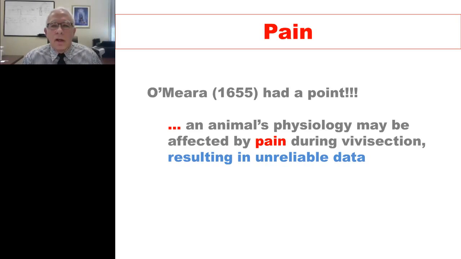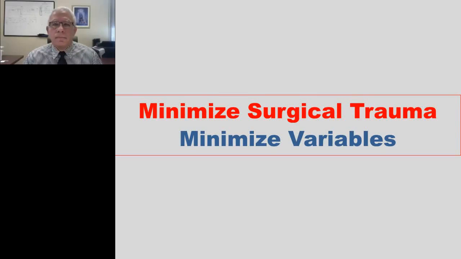What O'Mara said carried so much wisdom, yet he really had very little data to support his statement. But today, we have a lot of data to support his statement.